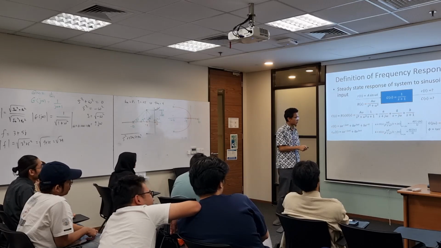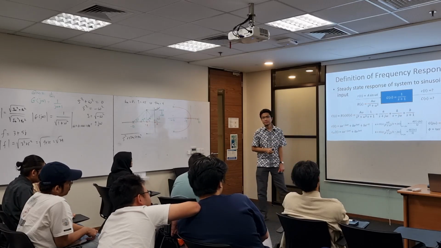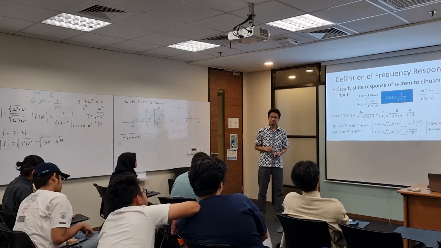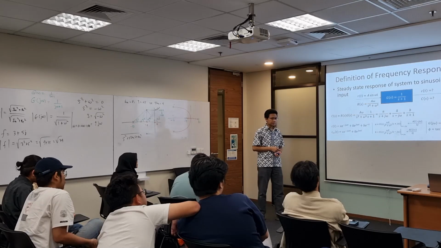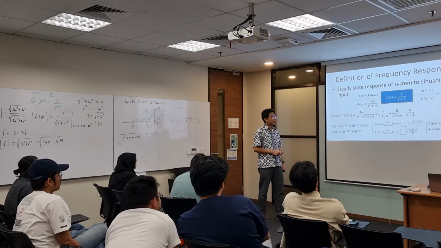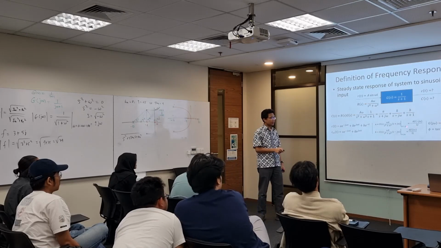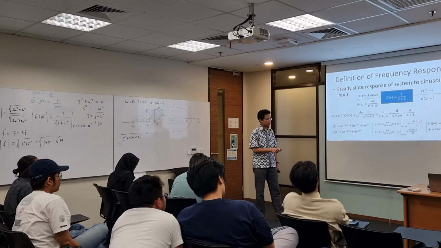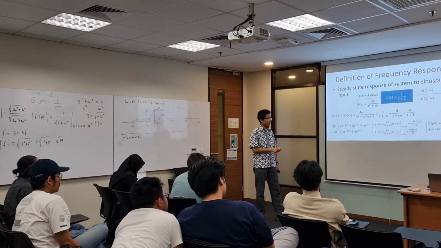But we want to use this form. The traditional method will work for finding another solution, but for this solution we will not get what we want. We want to get this. So the terms A and A bar will be in terms of G of J omega.